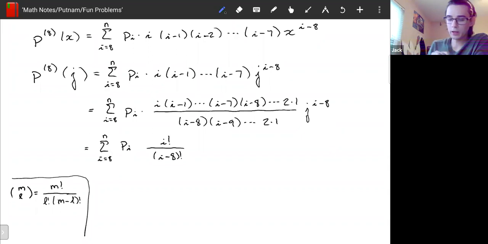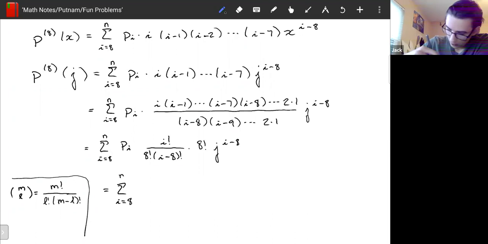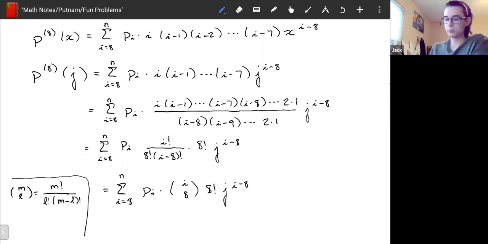And all we would need is to put an 8 factorial down here. Then to keep the equality, we have to put an 8 factorial up on the numerator, and then we have times j to the i minus 8. Let's rewrite this to make it neat. We have pi times i choose 8 times 8 factorial times j to the power of i minus 8.